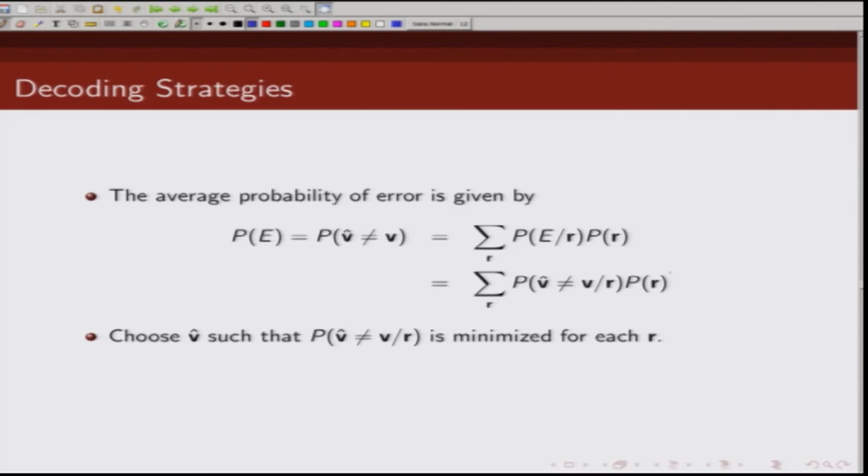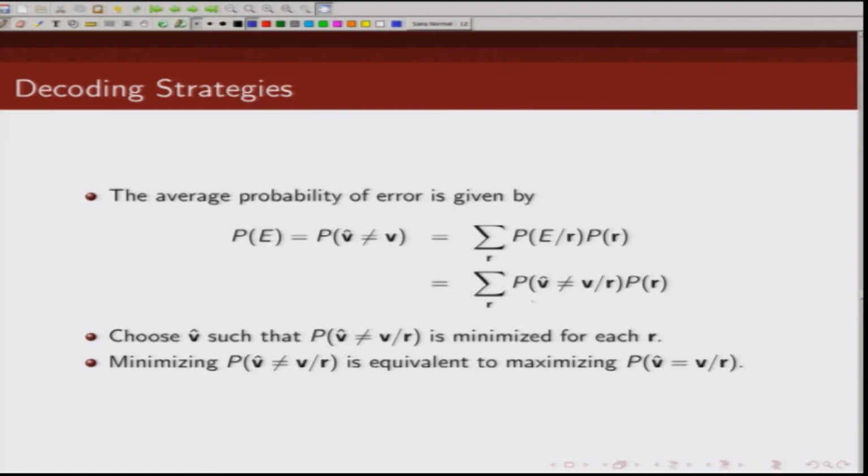So, there are two terms in this, one is P of R and the other is this term. Now, whatever V hat I choose does not change P of R. So, the choice of decoding rule does not change my P of R. In other words, if I have to minimize the probability of error, I should choose my V hat in such a way that this term is minimized for each receive sequence R. Okay.